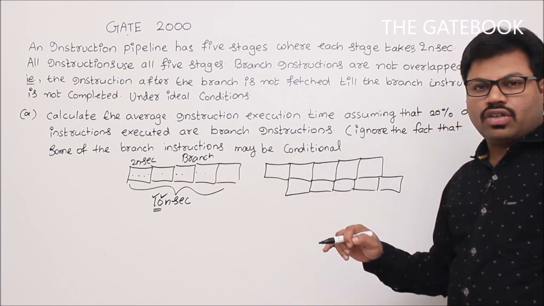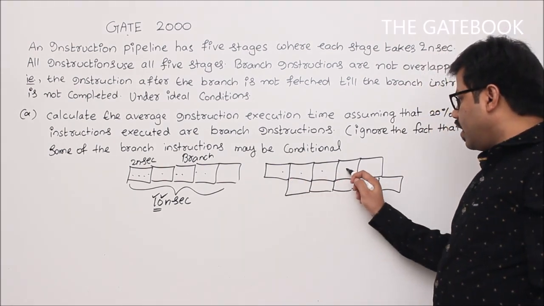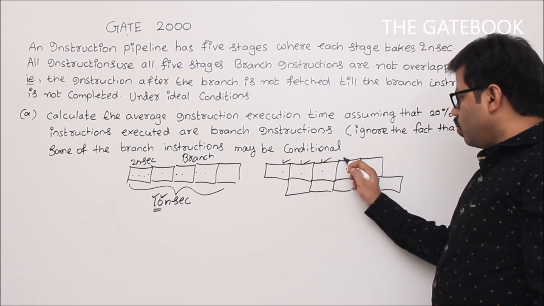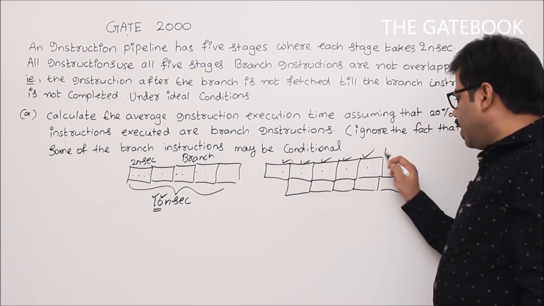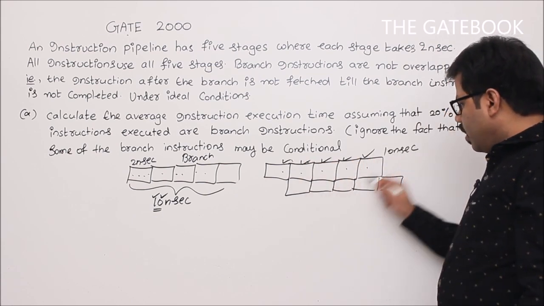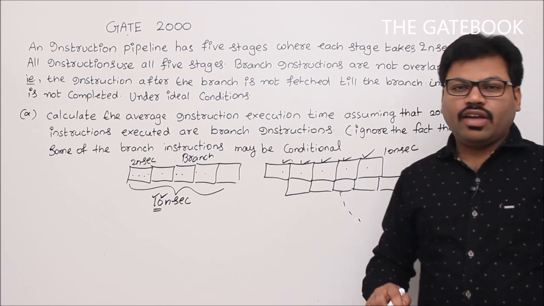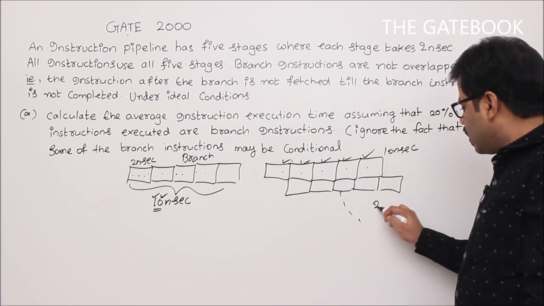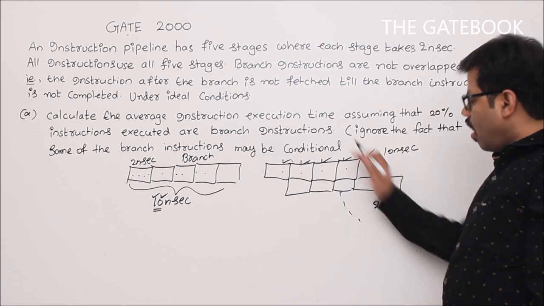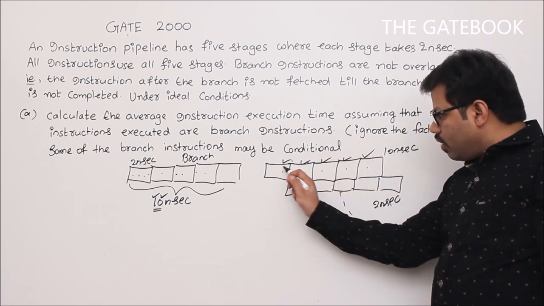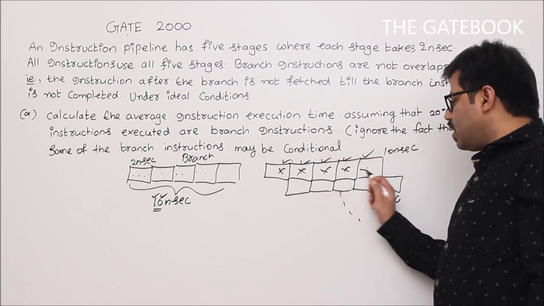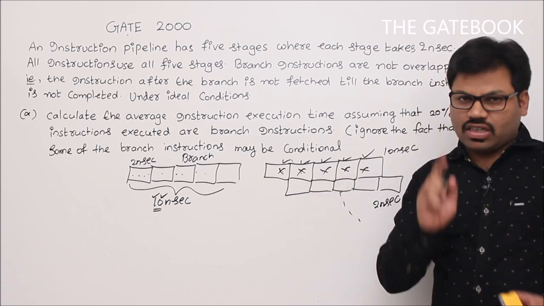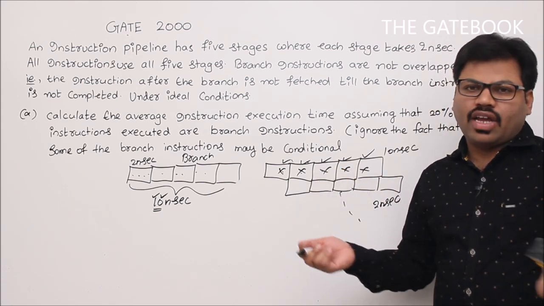You might doubt that the first instruction takes 10 nanoseconds. Yes, only the first such instruction takes 10 nanoseconds, but all the remaining instructions take only 2 extra nanoseconds. That means on average, if I ignore the first, every instruction takes only 1 stage delay, so 2 nanoseconds.